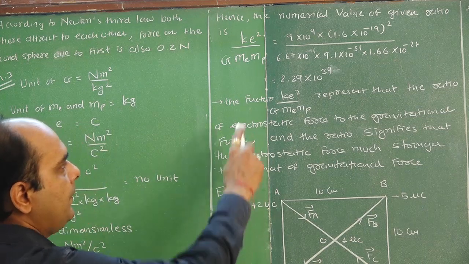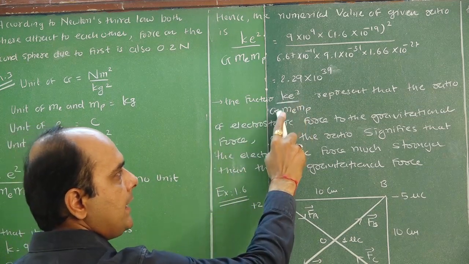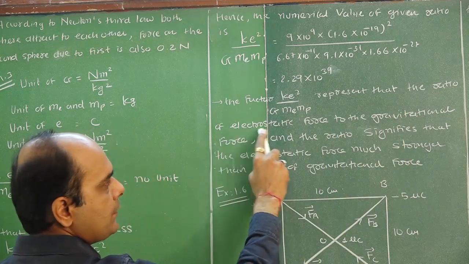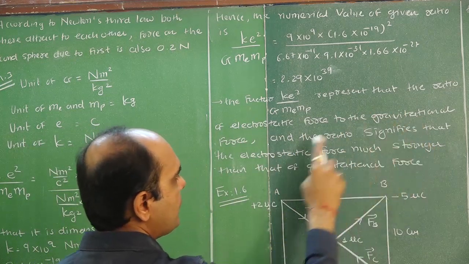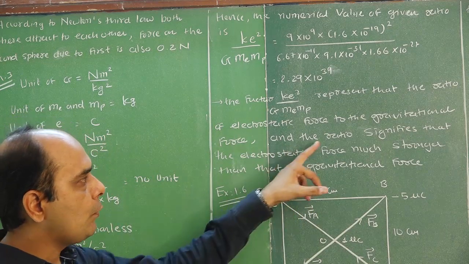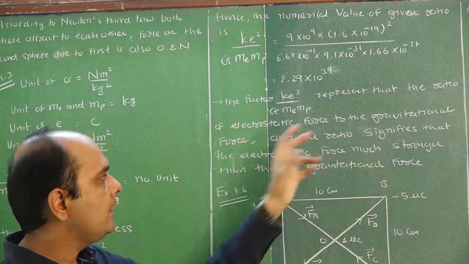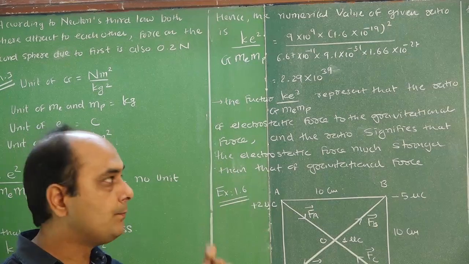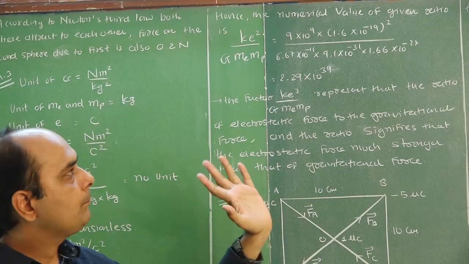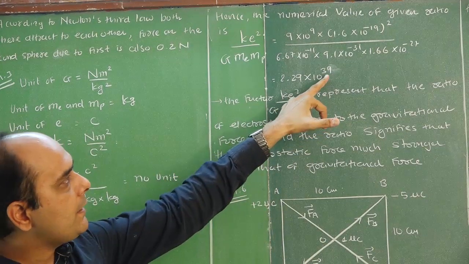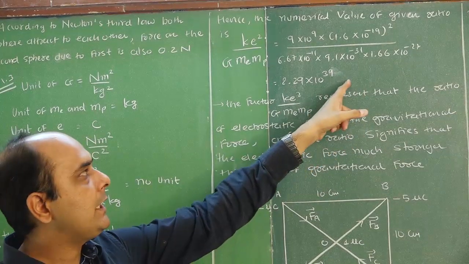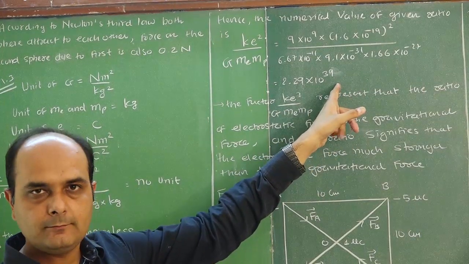So the factor K e square by G Me Mp represents the ratio of electrostatic force to gravitational force. This ratio signifies that the electrostatic force is much stronger than the gravitational force, because the electrostatic force is 10 to the power 39 times stronger than the gravitational force.